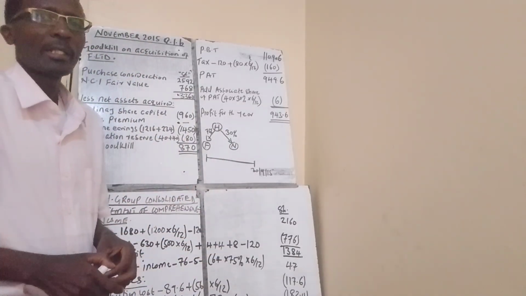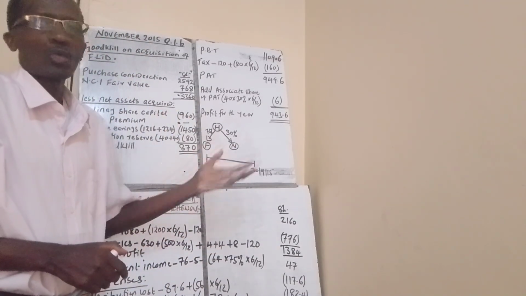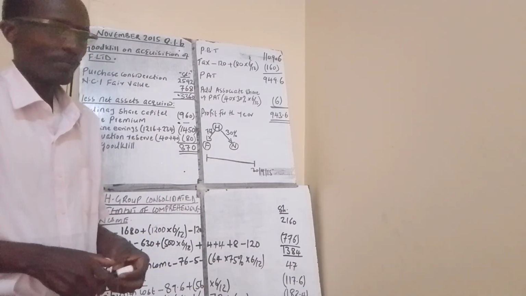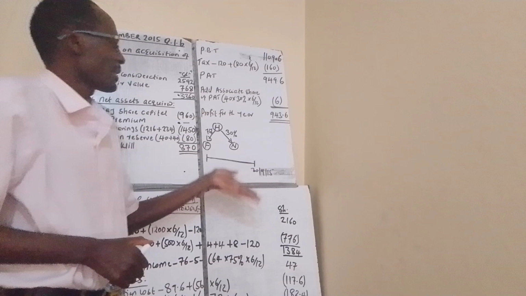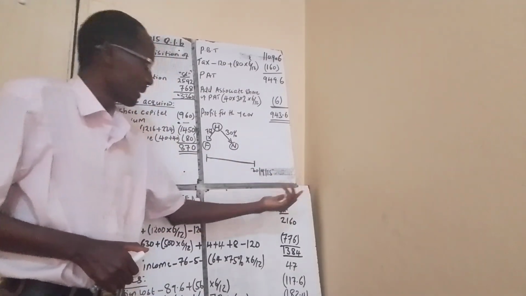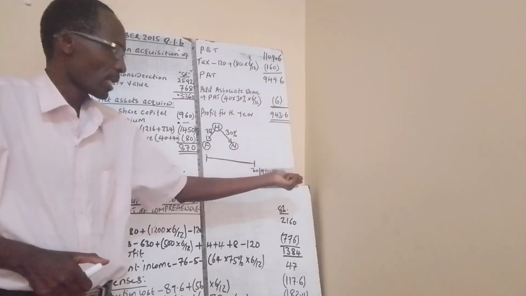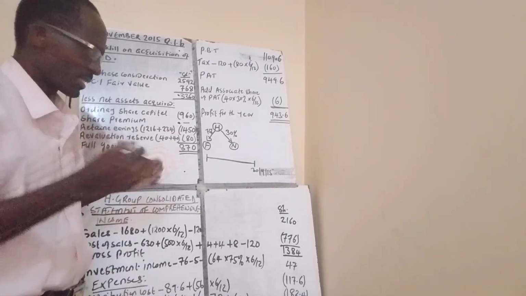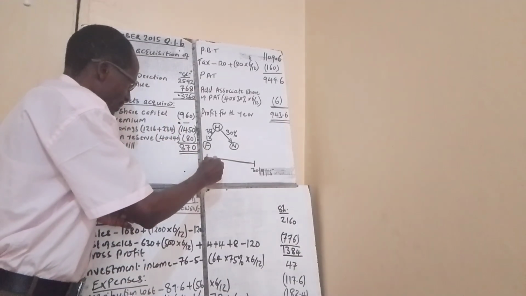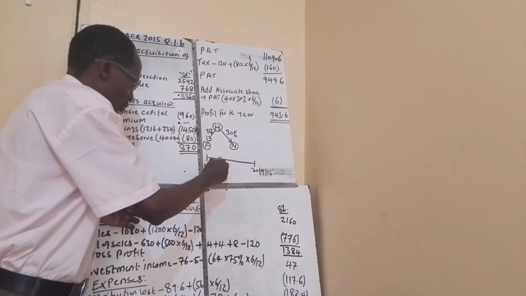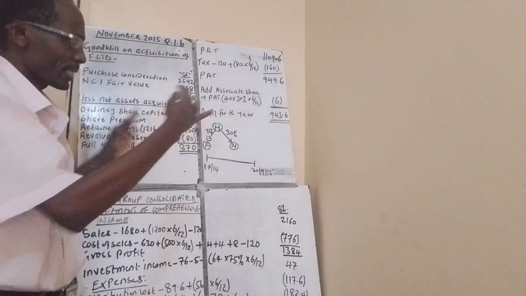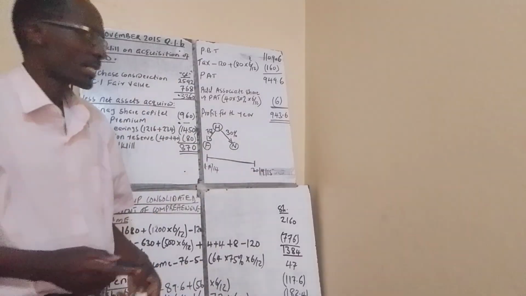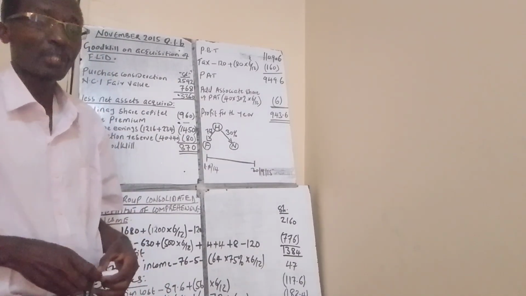Therefore, this company closes their books of accounts in September. Therefore, the year starts the next day, which is 1st October. So the year starts 1st October 2014 and it ends September 2015.